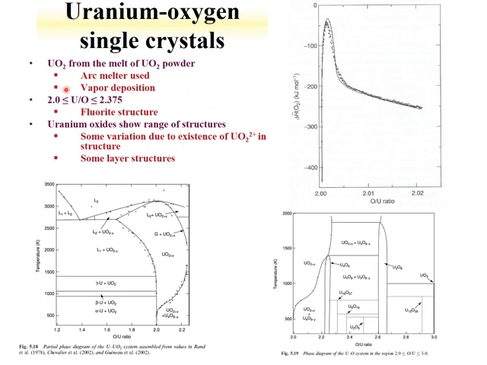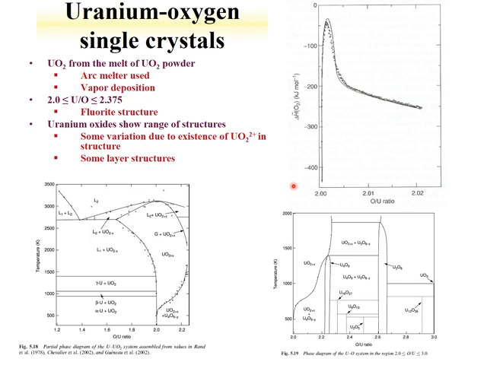One of the things that comes out of this is that there's a way to tune the oxygen to uranium ratio. And as we see here, we have UO2+x or UO2-x. So for nuclear fuels, we can actually tune the ratio of oxygen to uranium.